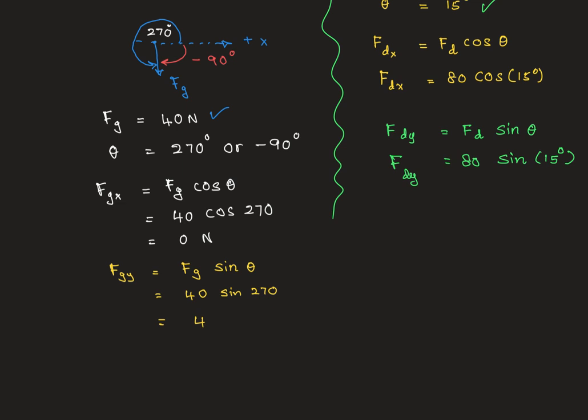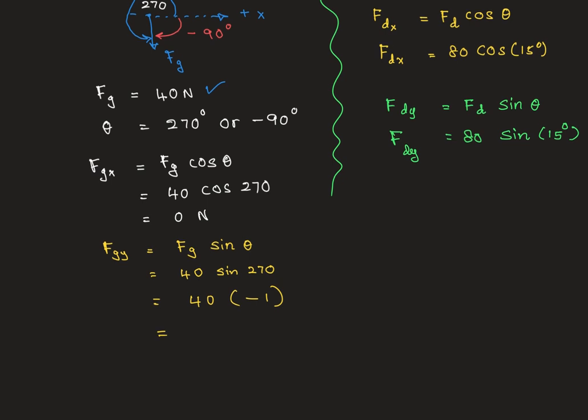When you do the math using your calculator, that value will be negative 1. I am using it inside the parenthesis, so the math operation between 40 and negative 1 is a multiplication. The final answer with the unit is negative 40 newtons. So this is how you do a problem like this. In order to find the x component of a force and the y component of a force, we can use the method that we just learned.